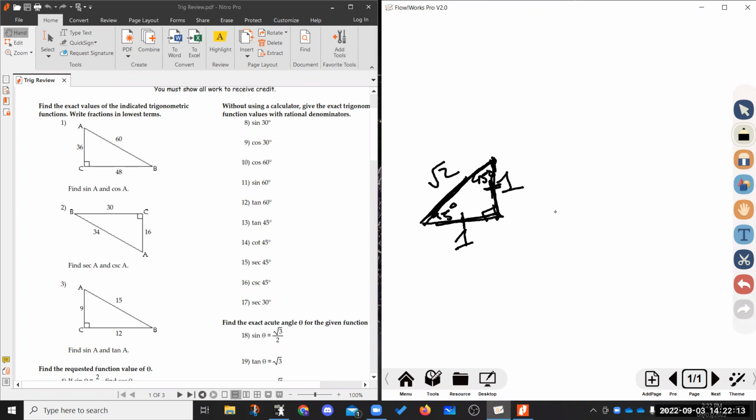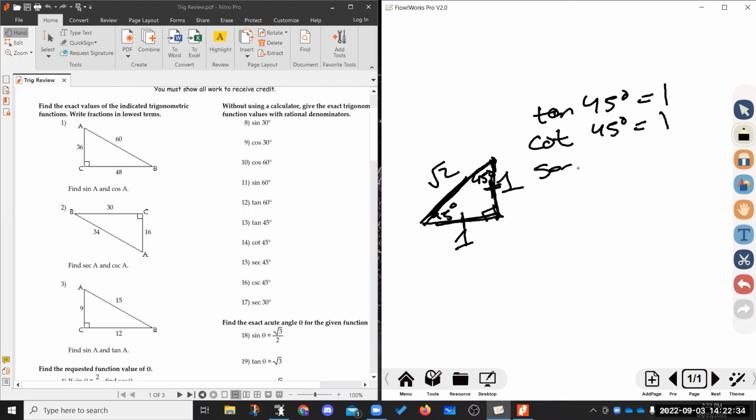So when we have, starting with number 13, the tangent of 45 degrees, it's opposite over adjacent. It doesn't matter which 45-degree angle I pick, it's the same answer, a ratio of 1. The cotangent of 45 degrees is just the reciprocal of 1, which is also 1.